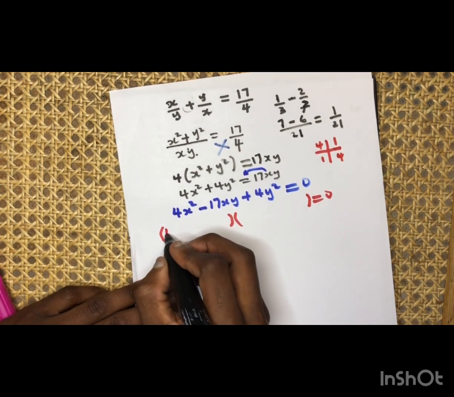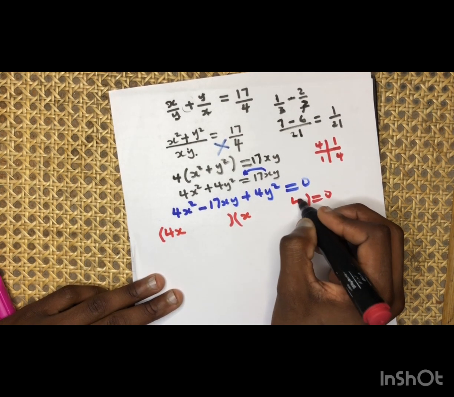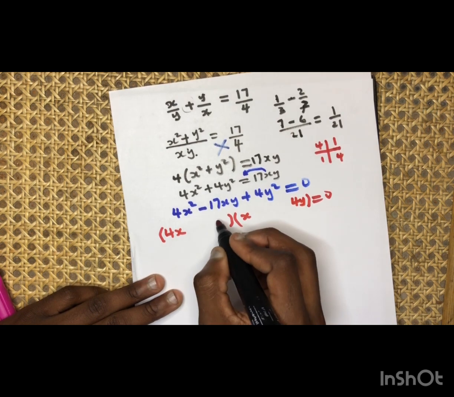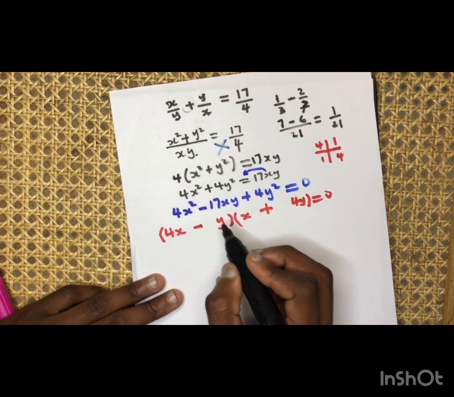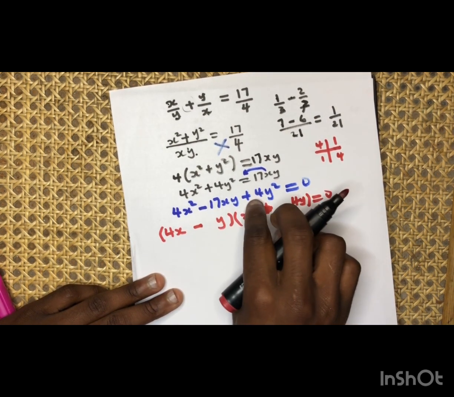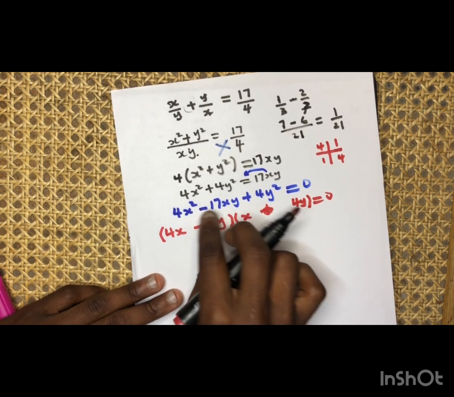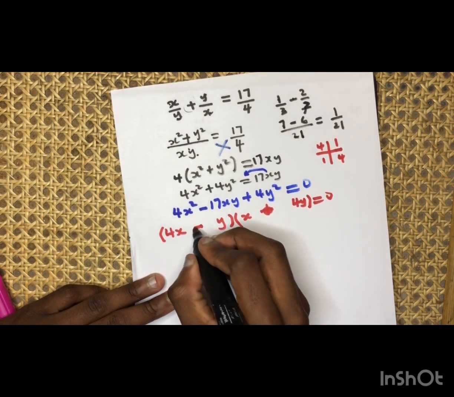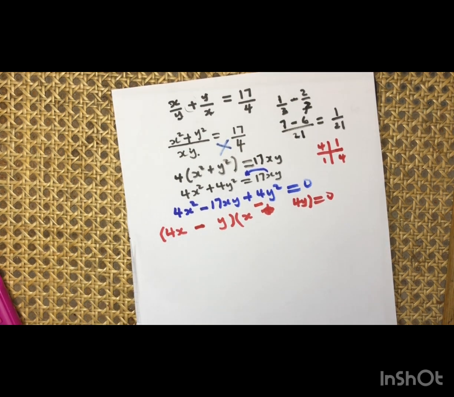So I must have here 4x and an x. 4y here on this side, and a y here. The signs must be the same. It's negative, because the middle term is negative and the constant term is positive, so the signs must be the same as the middle term, so it's going to be negative and also negative here. Okay, I hope that you see it, guys.